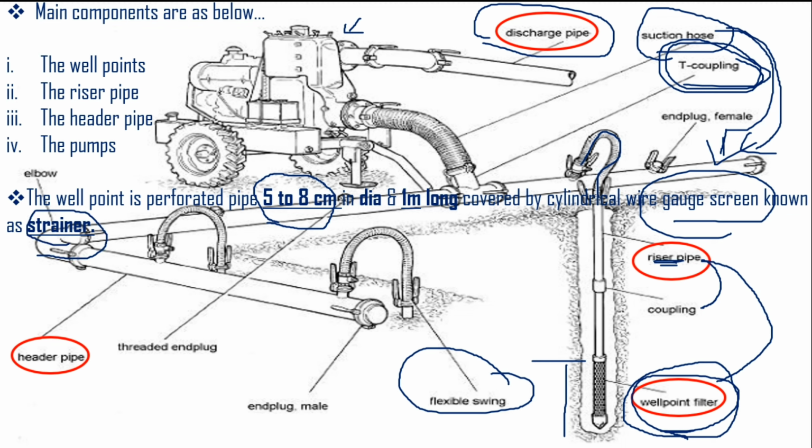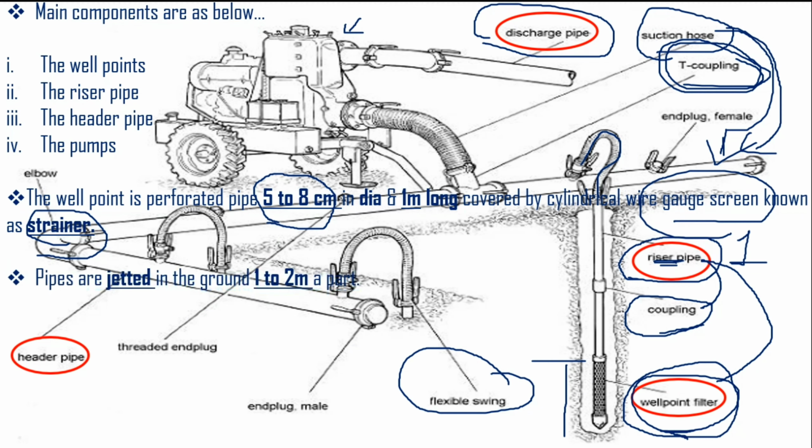Okay, now again I want to add one thing: each and every riser pipe has a maximum length of up to 1 meter. Clear? So if you are going to use any well point system deeper than 1 meter, you need a number of riser pipes, and those riser pipes are attached with different couplings.